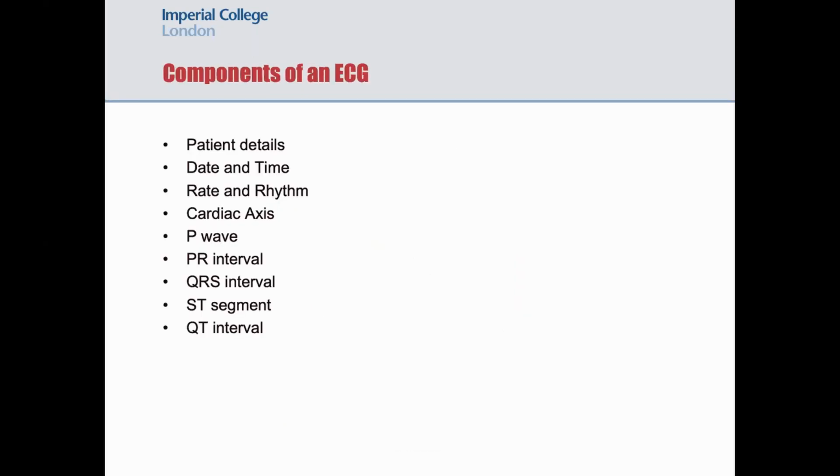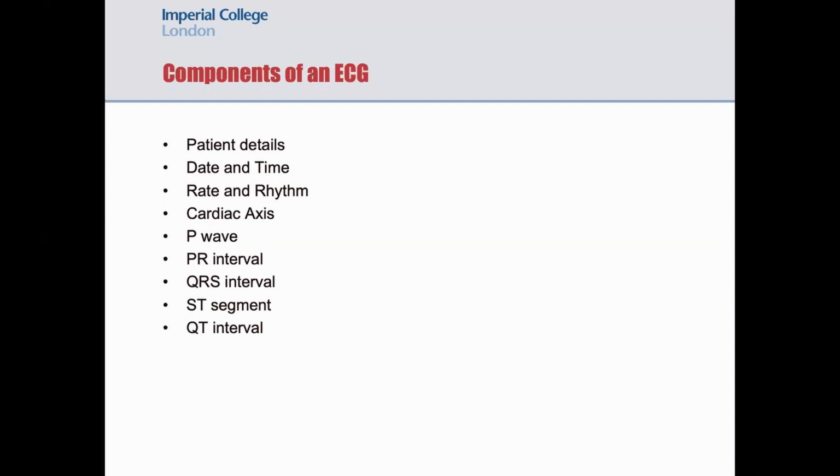Yeah, so I've just listed the basic components of how to present an ECG. This is just something that you have to remember. In anything in clinical medicine, it is very important that you present the patient details first, and it's also important to know the date and time of when an ECG is taken, because if you present an ECG from 2 years ago, it might not be so relevant to what's going on today.